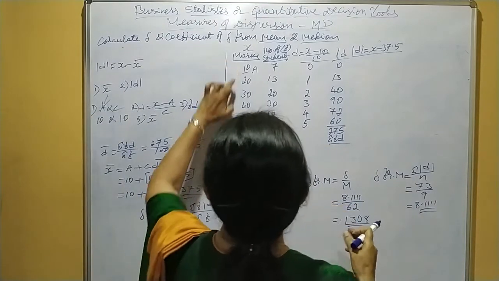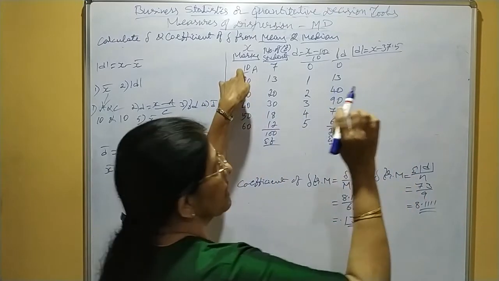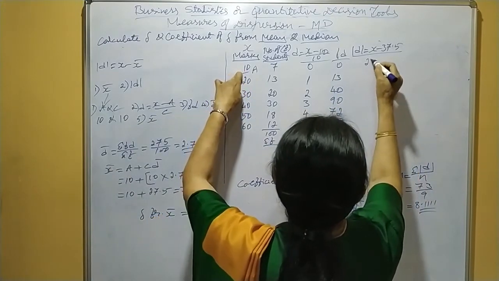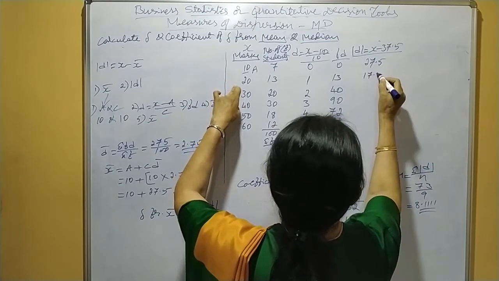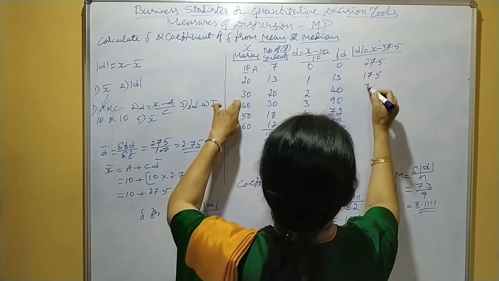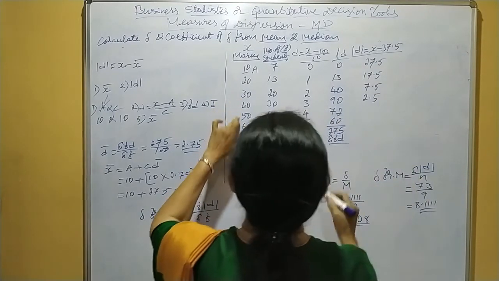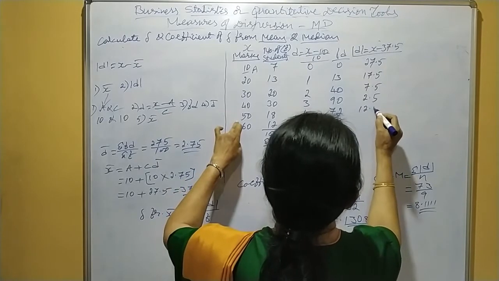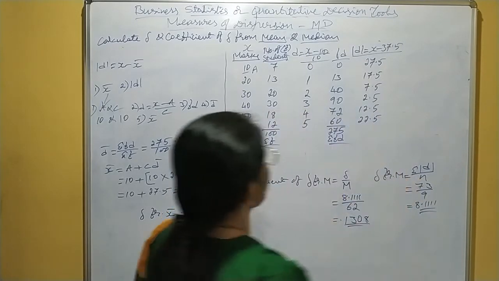X means values of variables. Here also, you have to ignore the algebraic signs. Just you have to take the difference. 20 minus 37.5, 30 minus 37.5, 40 minus 37.5, 50 minus 37.5, 60 minus 37.5.